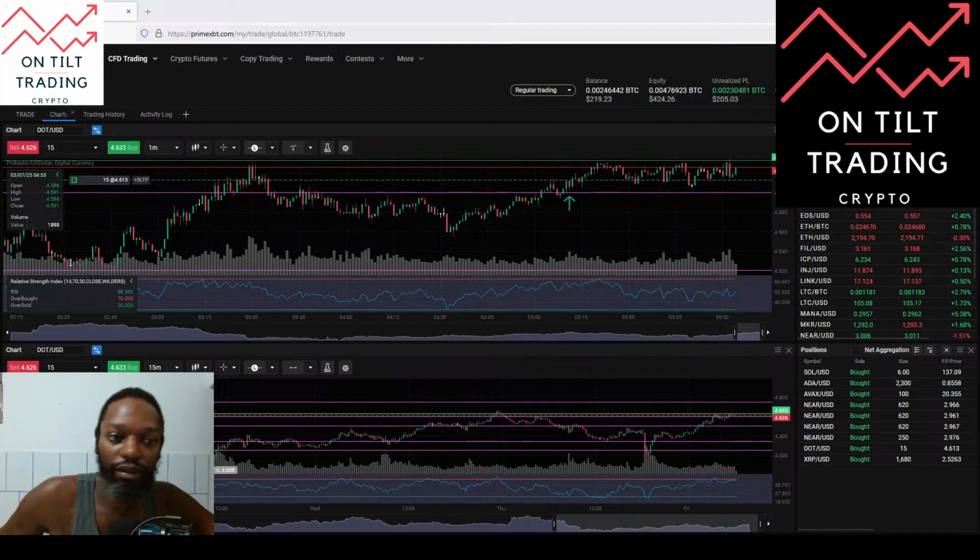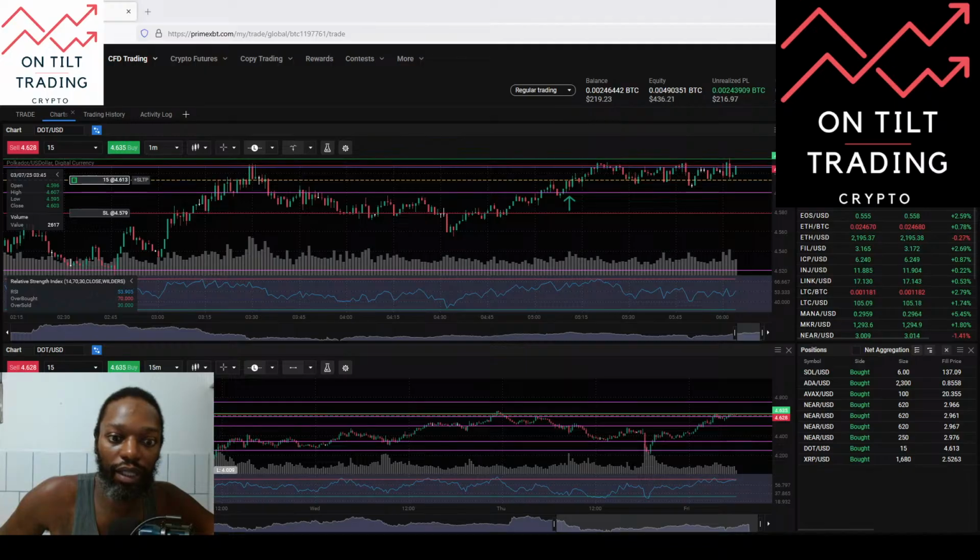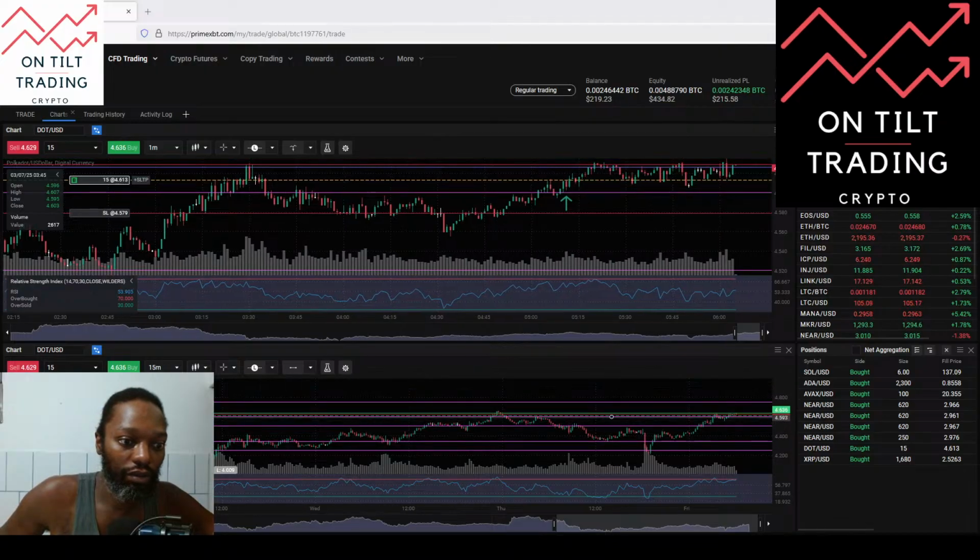And I'll show you my stop. So this is my stop loss. This red line here is showing my stop. And down here on the 15, you can see my take profit and my stop.